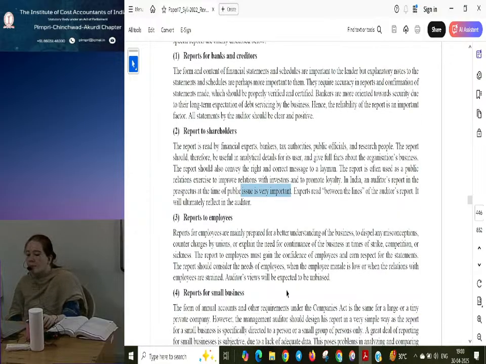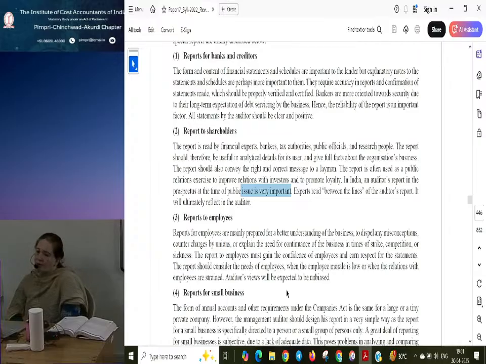Then coming to employees. Of course, employees will be worried about things to understand about the company, how it is going, so the report should not carry misconceptions. It should be mainly made to help them understand the business properly. What will it help in?